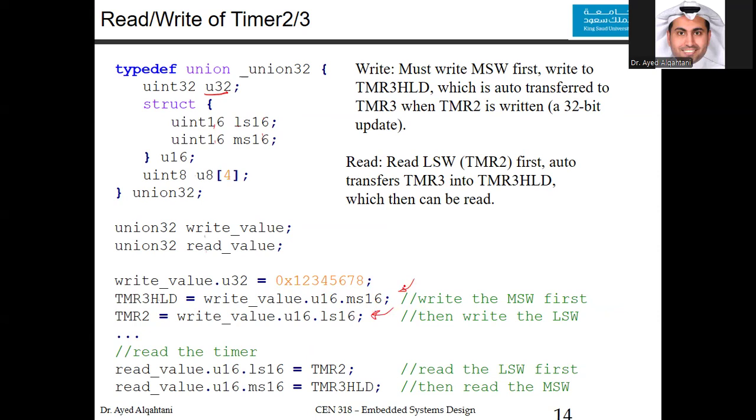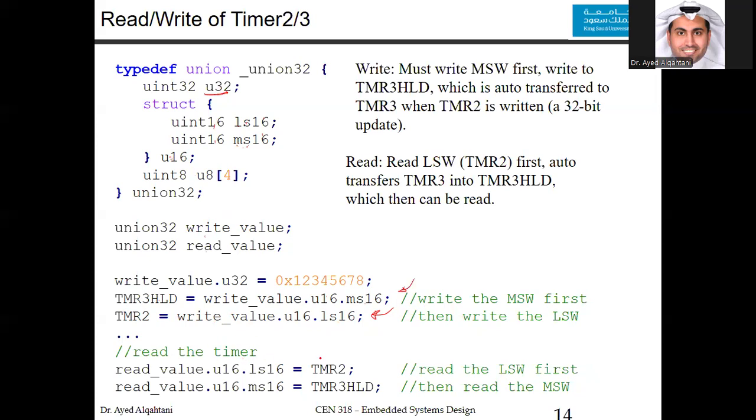So you go write value dot U16 to access the most significant, and you put it in the hold register. After that, you write the least significant U16, and you write it to timer 2. And the hardware will take care of the rest.